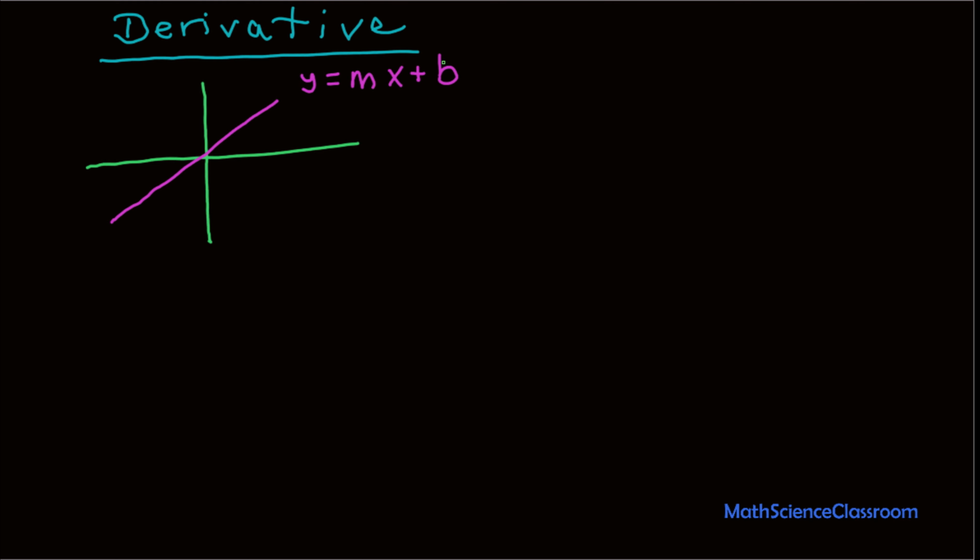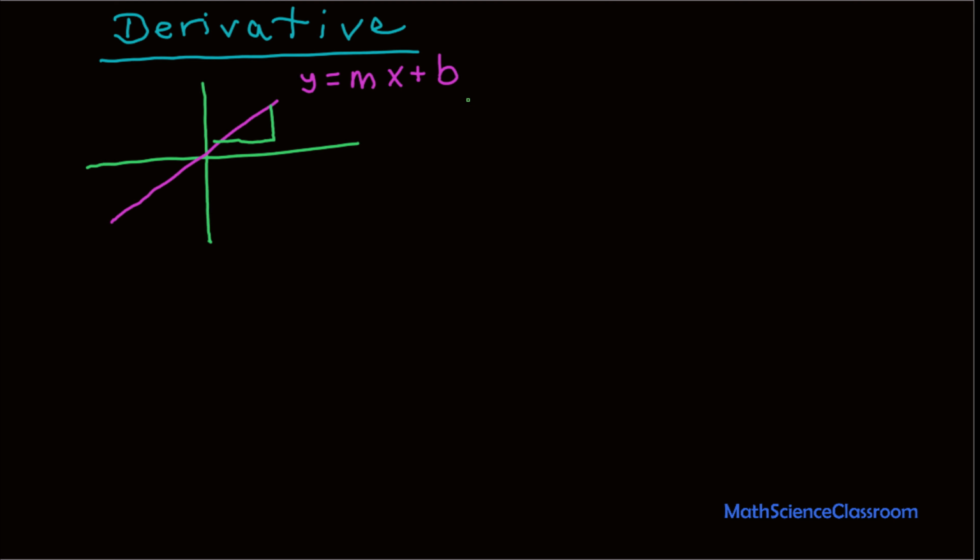Okay, now what would be the slope of this line? How would we calculate the slope? So the slope is simply the rise over the run.